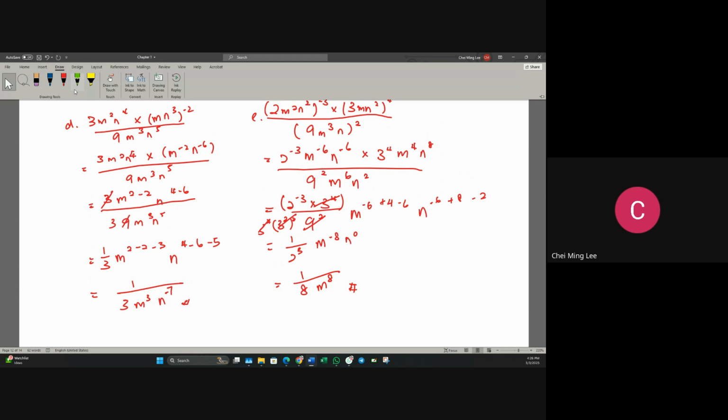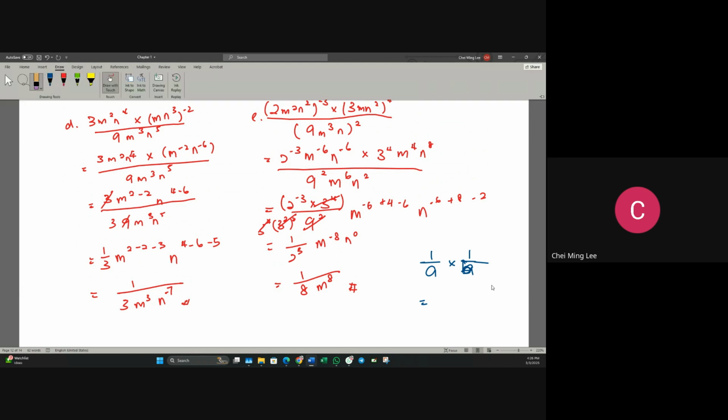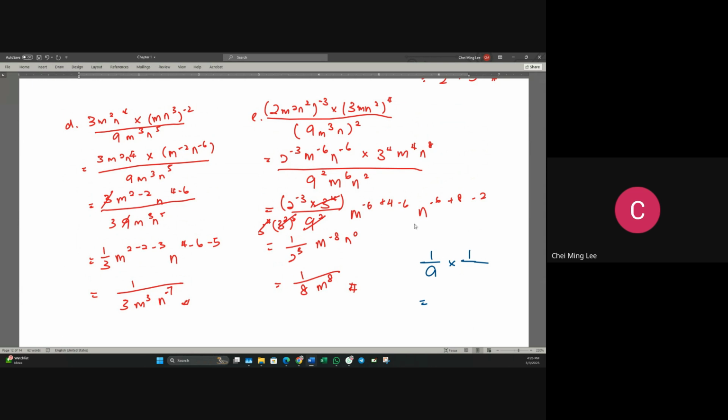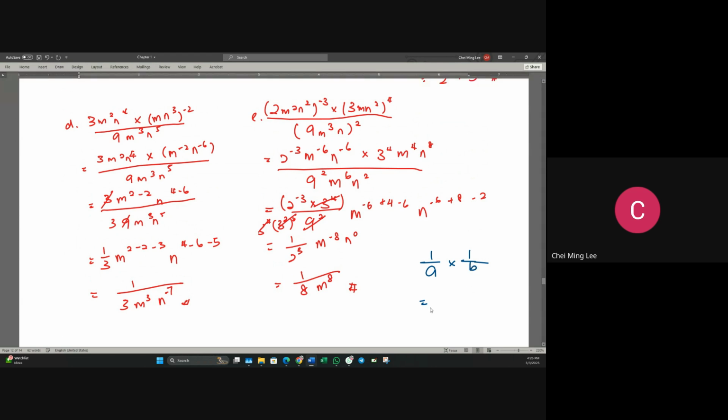When 1 over a times 1 over b, you will become 1 over ab, because 1 times 1 is 1, a times b is ab.